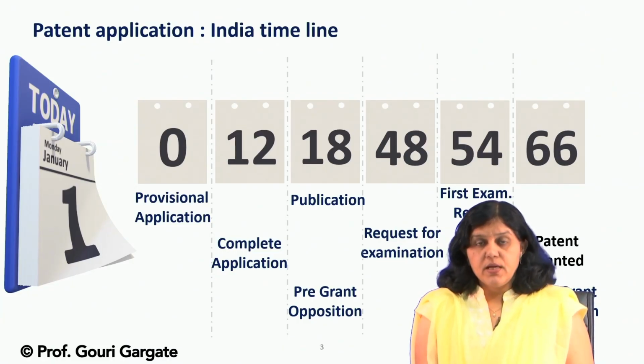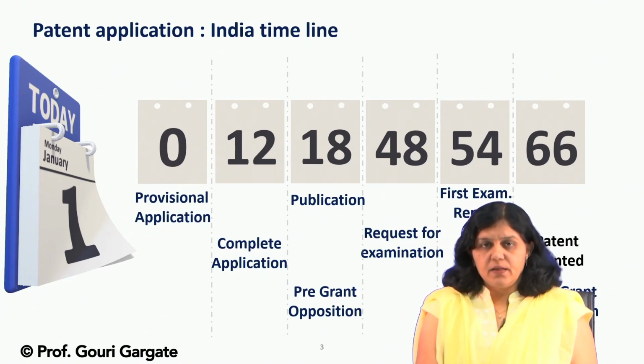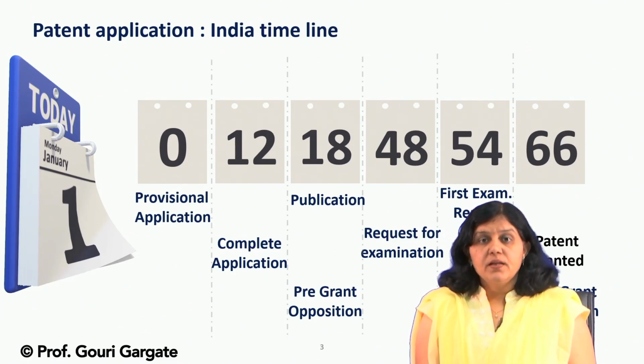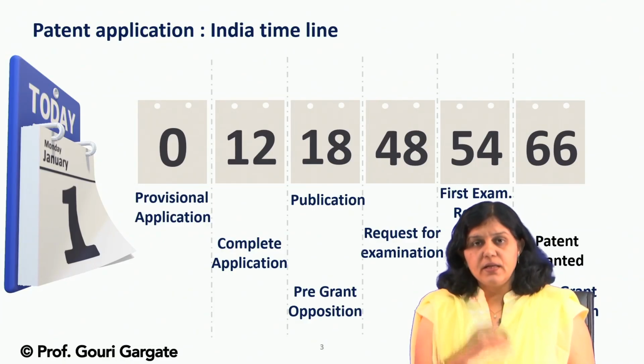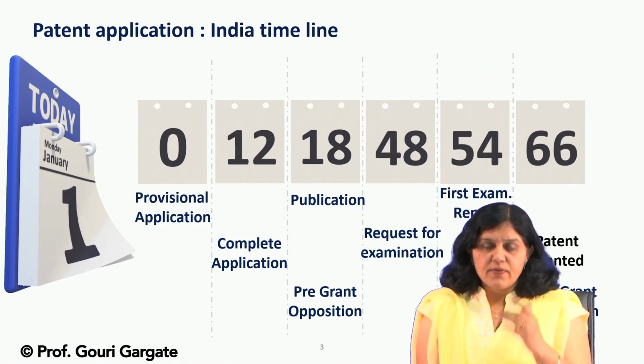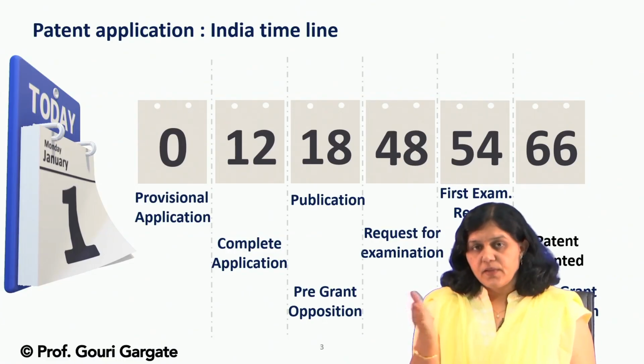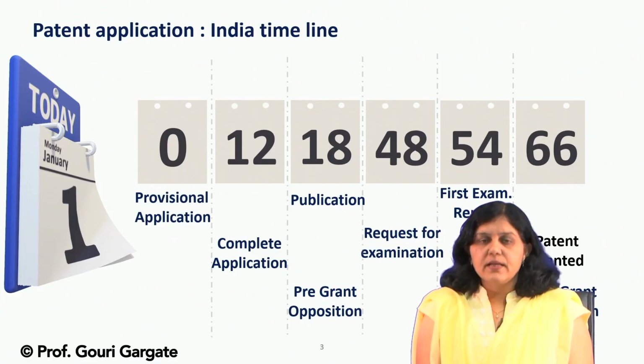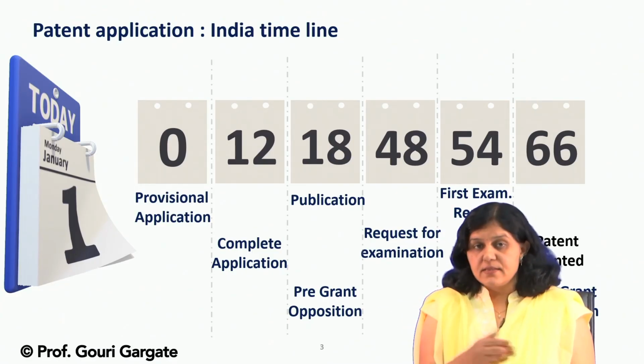However, suppose the applicant files the request for examination in the last week of that timeline, considering the 48 months, then probably the patent application will be considered for examination approximately around the 84th month or the 96th month. So, it may go up to the 7th or 8th year of the patent application, and so the applicant determines this timeline.